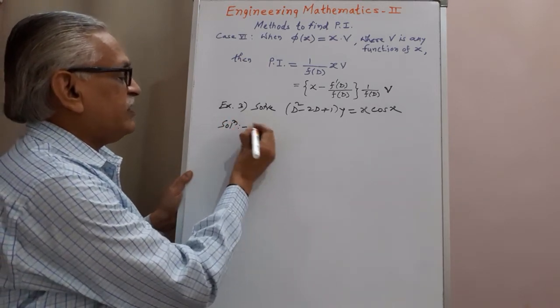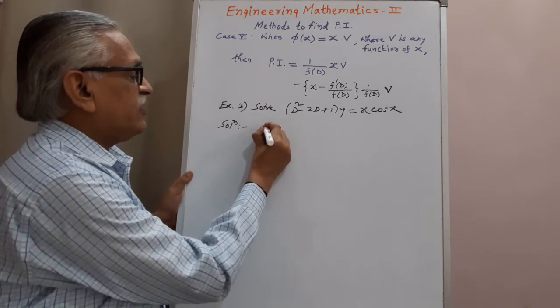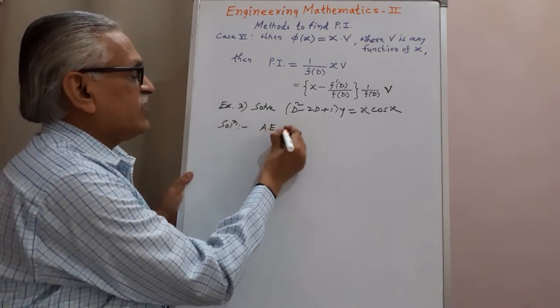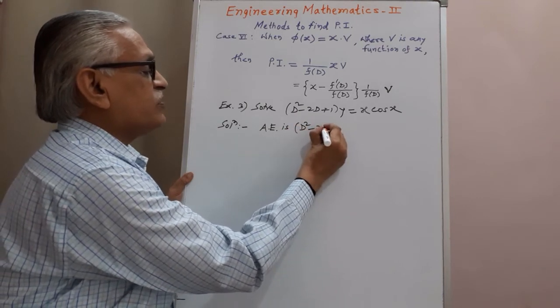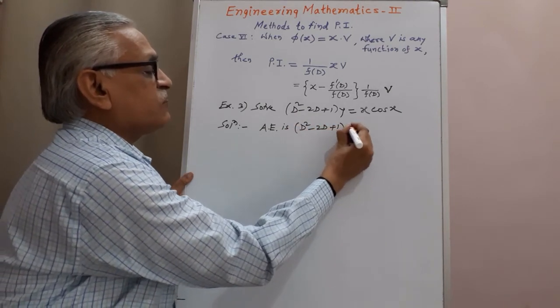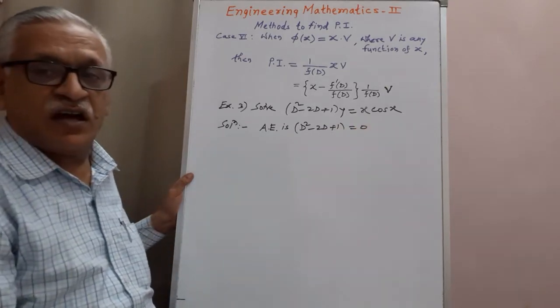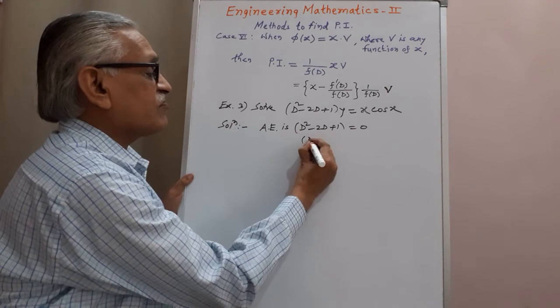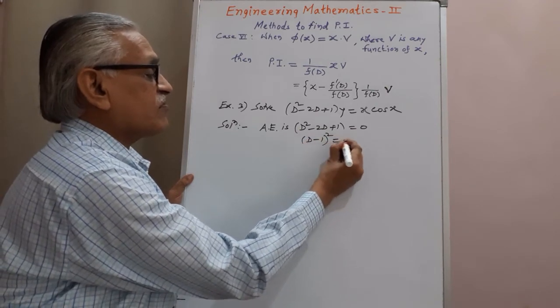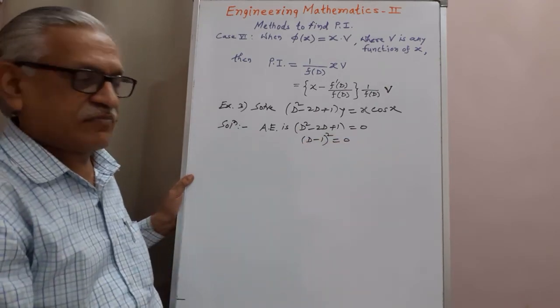First step, to find CF, we write down the auxiliary equation. Auxiliary equation is D square minus 2D plus 1 equals 0. This term is the perfect square of D minus 1.